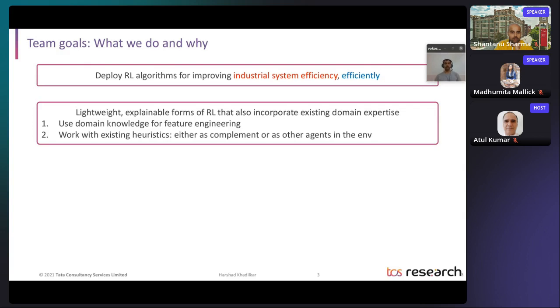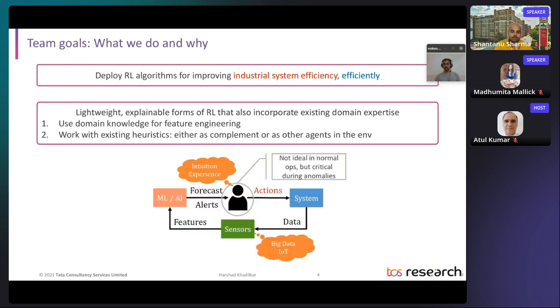So we focus on lightweight explainable forms of reinforcement learning that include rather than exclude domain expertise which already exists in these systems. We use domain expertise for feature engineering as well as to work with existing heuristics in the area. And this is essentially what we are focused on.